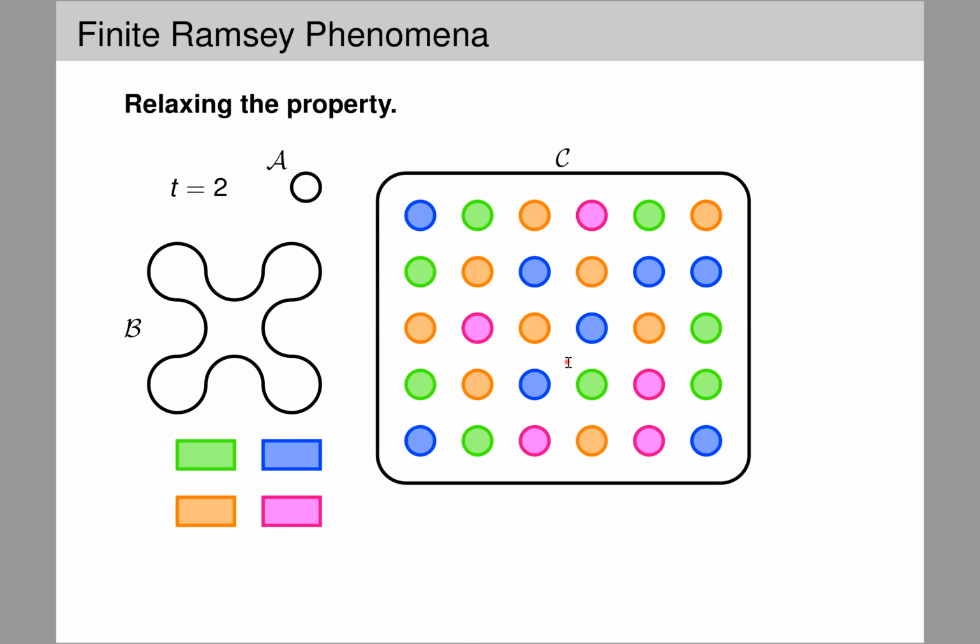This means the following. No matter how we color copies of A in C with k colors, let's say 4 colors this time, there will always be a copy of B which is not necessarily monochromatic, but has at most 2 colors. So the copies of A sitting inside this particular copy of B will always be colored by at most 2 colors if the Ramsey degree of A is 2.